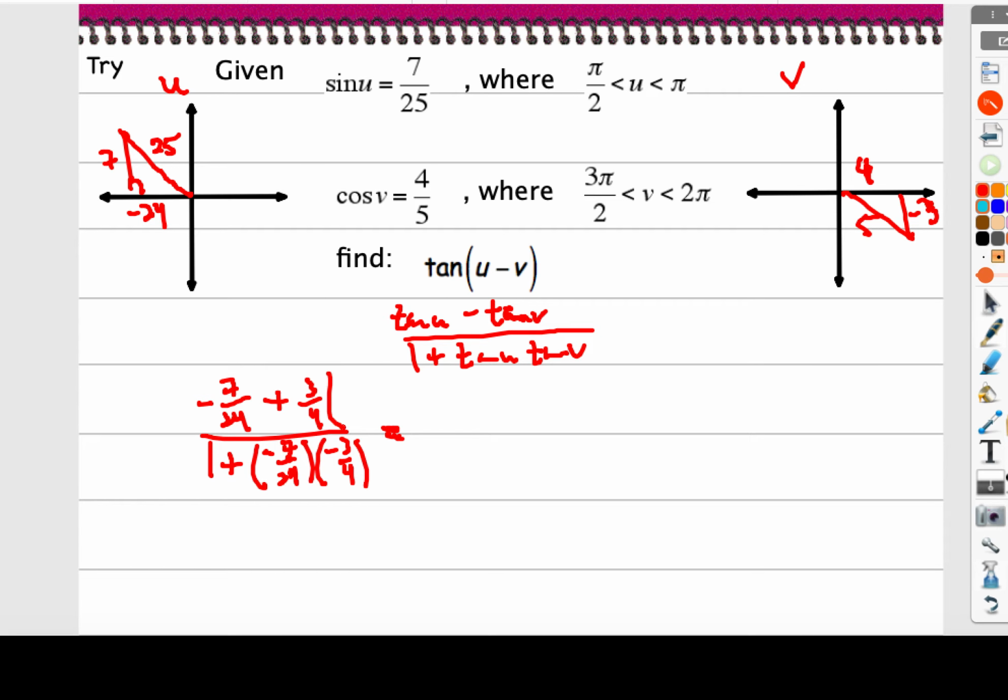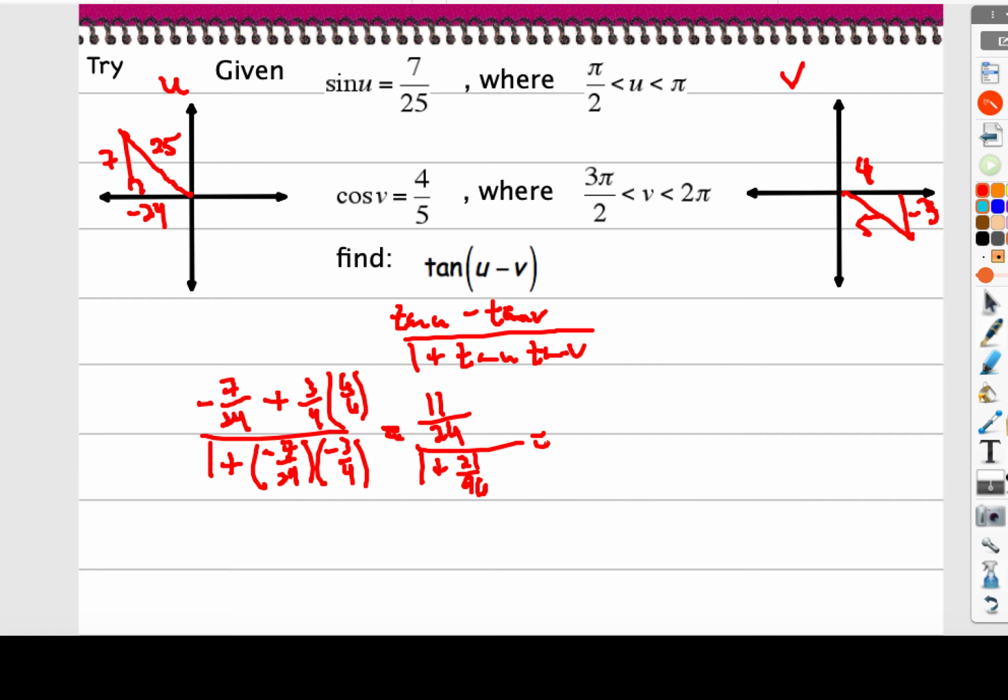I might have to multiply by 6/6 here real quick, so that we've got negative 7 plus 18, which would be 11/24, divided by 1, and again this stays plus, 21/96.